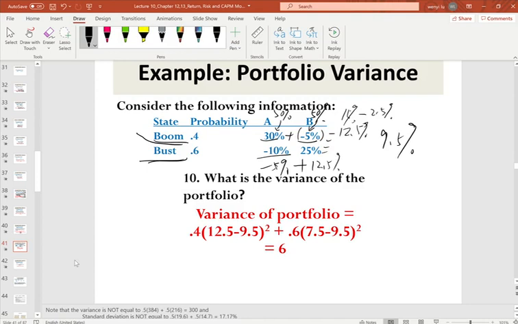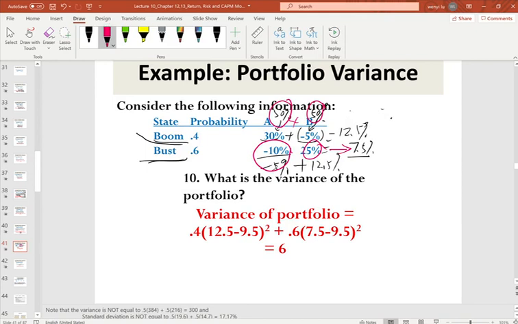So 12.5 minus 5 equals 7.5%. The numbers come from the weight times return, plus the weight times return. So that's the return you solve for in a different state of the economy for the portfolio.